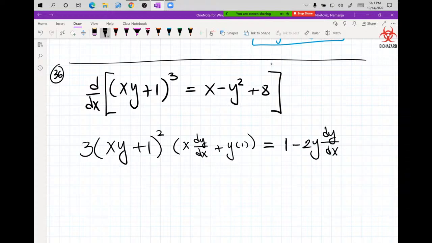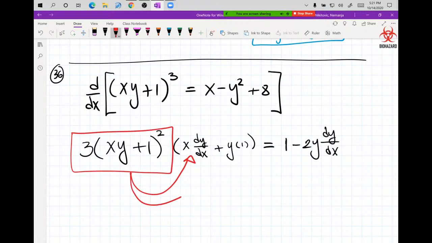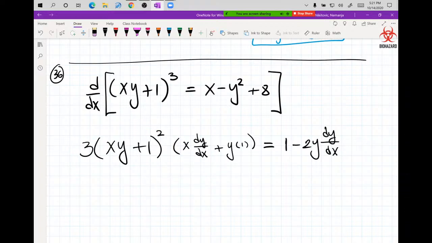And now we need to clean this up. So what do I have? We have this times this one and times y. So 3x(xy + 1)², sorry, there's an x here.